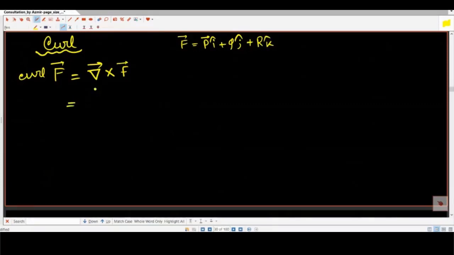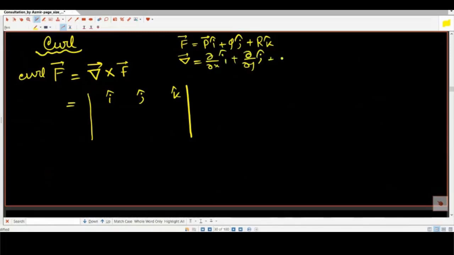So the curl will be the determinant of i, j, and k. First, we have to write the components of del. We know that del equals ddx i, ddy j, ddz k. So first we write the components of del, and then the components of f, p, q, and r.